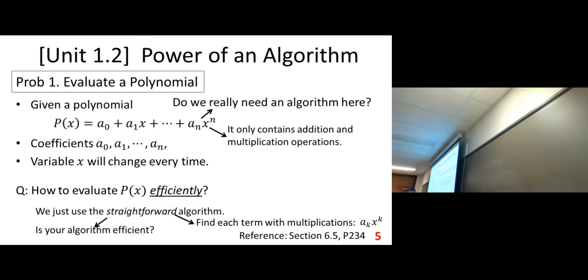This technique tells you when you do that counting, try to find the reference. Reference-based counting. If you find a reference, then you can do the counting in an easy way. If you find a good reference, then you can do the counting easily.